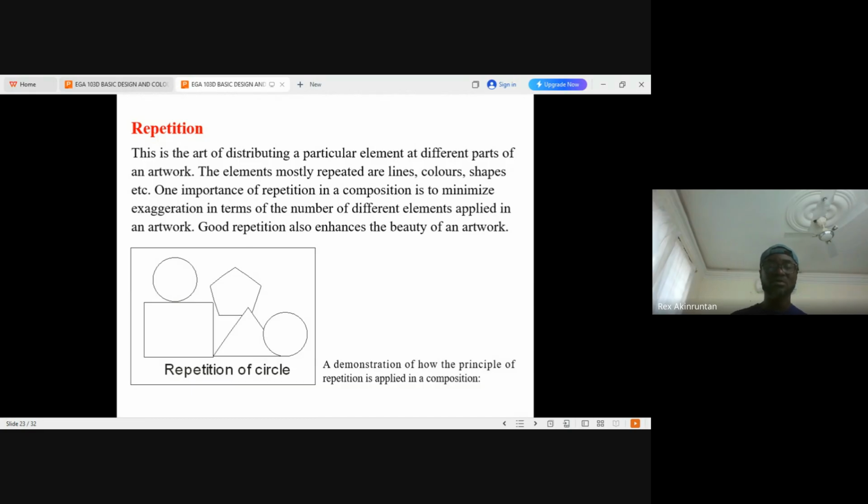Variety is not necessarily repeating the same shape. But in terms of repetition, the same form, the same color, the same lines can be repeated here and there, without considering the spacing or the shape.